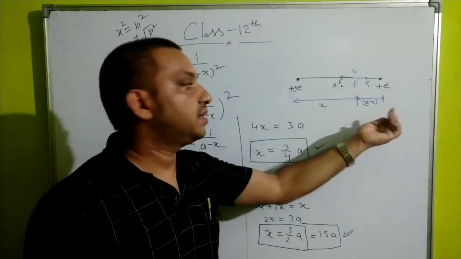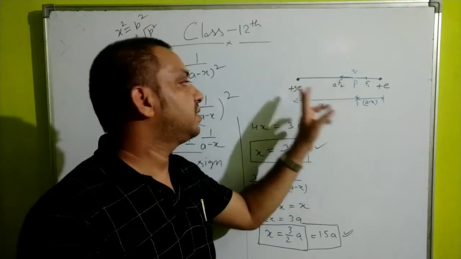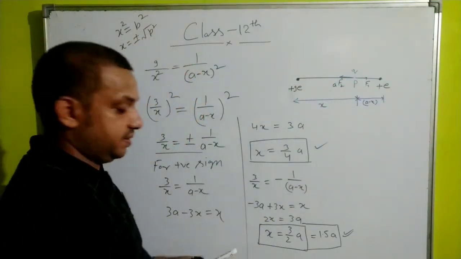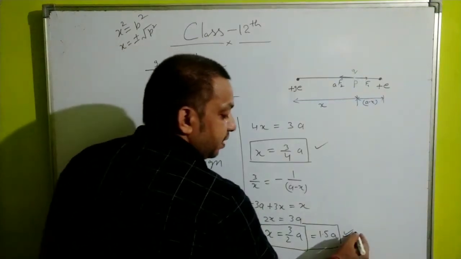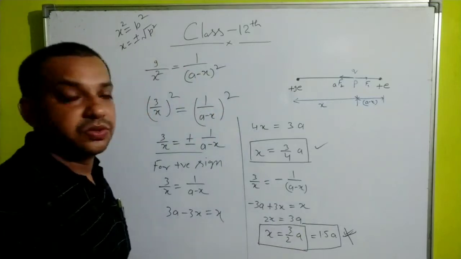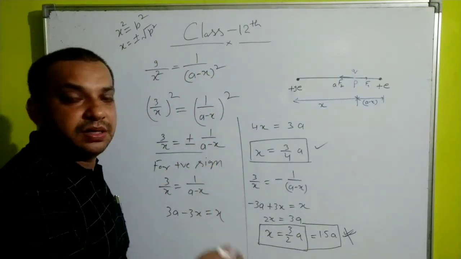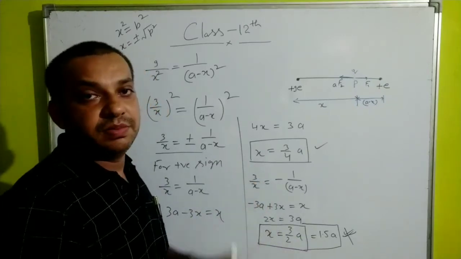And already we have checked, the third charge will be stable when it is placed in between these two charges. So this second answer, when we are taking the negative sign of this quadratic equation, is practically not possible. According to mathematics, because it is a quadratic equation, we are getting two answers. But according to physics, this second answer is practically not feasible. Clear?